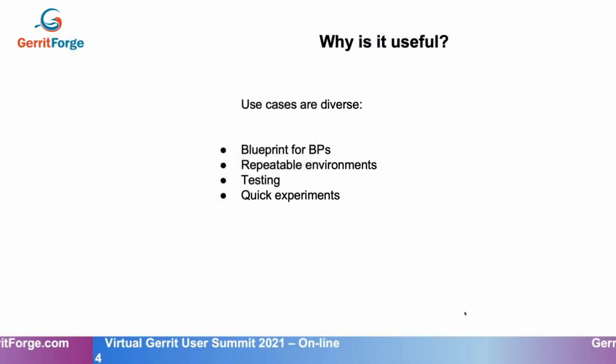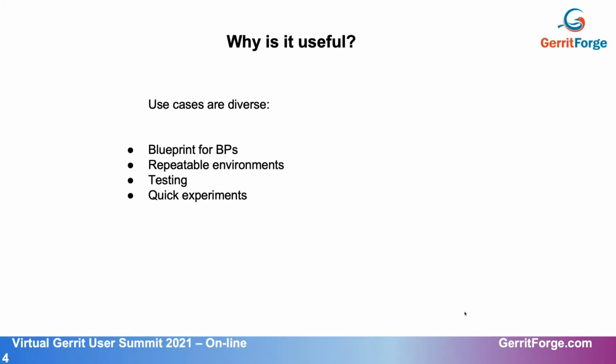So why is it useful to have Gerrit in AWS? What is this project all about? We believe it can provide a blueprint of best practices to companies that already have installations of Gerrit in AWS. Many companies have at least part of their infrastructure in AWS. Maybe Gerrit is not yet part of that infrastructure, or maybe it already is.